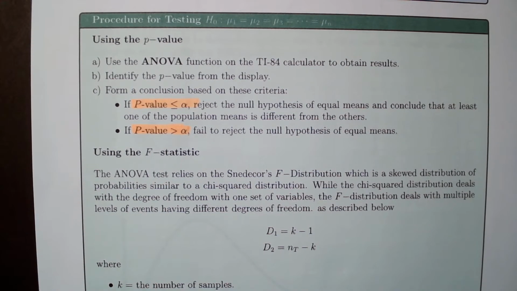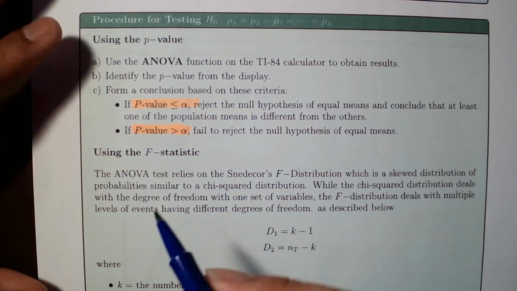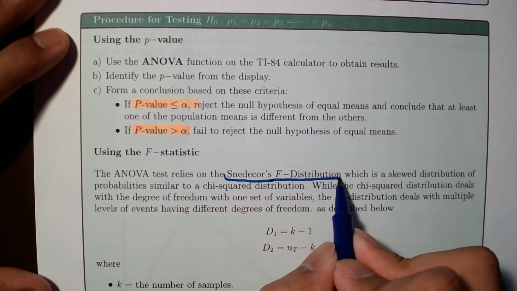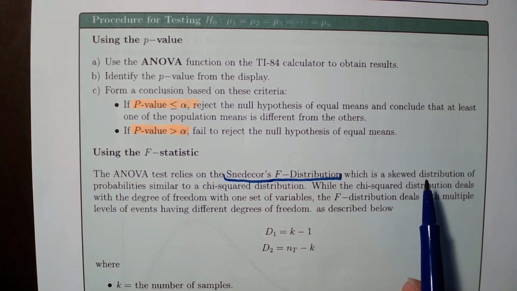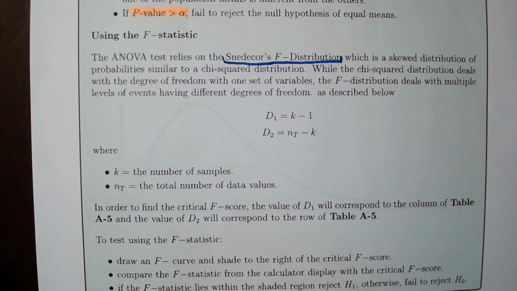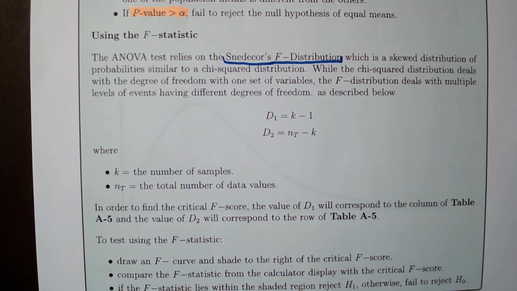Using the F statistic, in this case we are going to introduce a new distribution. It's called Snedecor's F distribution, which is a skewed distribution, very similar to the chi-square distribution that we discussed in chapter 11, all about chi-square distributions and variance tests.